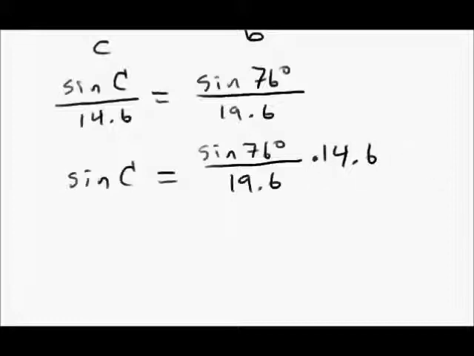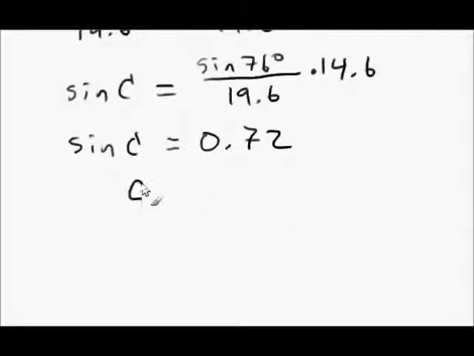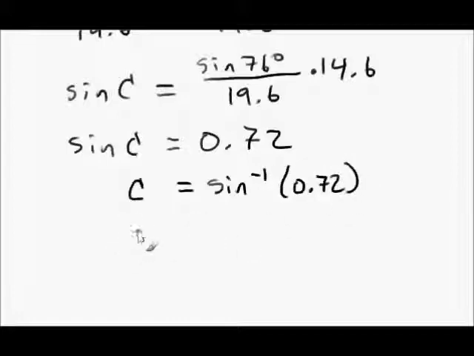Okay, and now let's punch that into our calculator and get that the sine of C is equal to 0.72, and we'll stick to hundredths. But we're not done. We need the measure, so we're going to have to take the inverse sine of that value. And I'll actually write it as sine inverse, which is probably what you guys are used to seeing. And that means that the measure of angle C is 46.3 degrees.